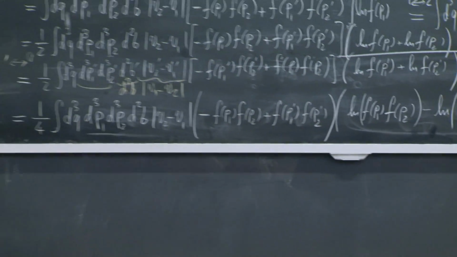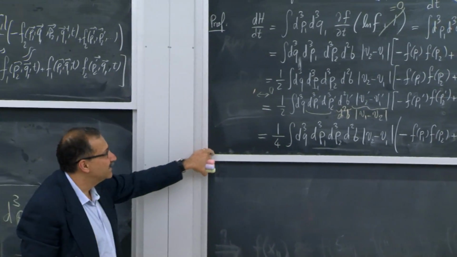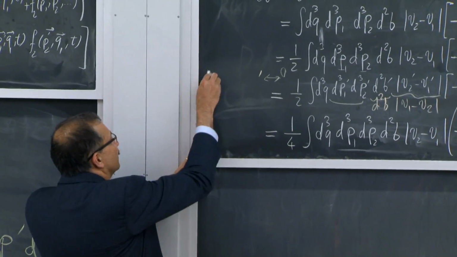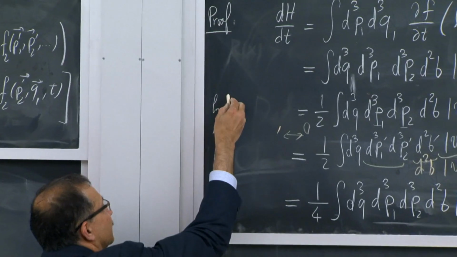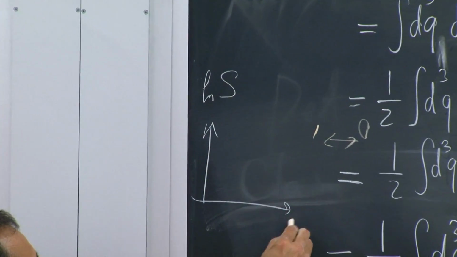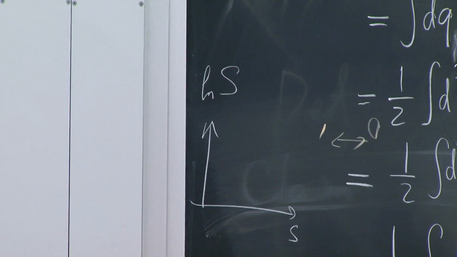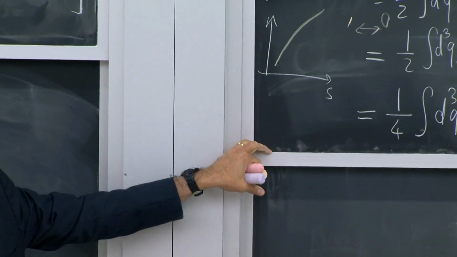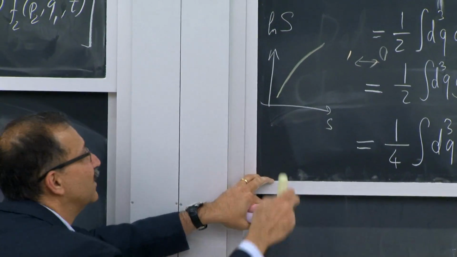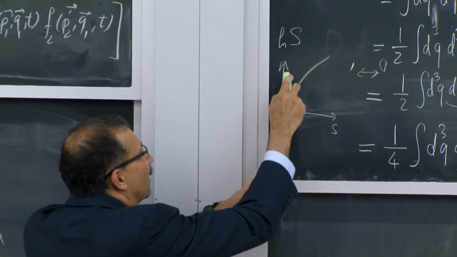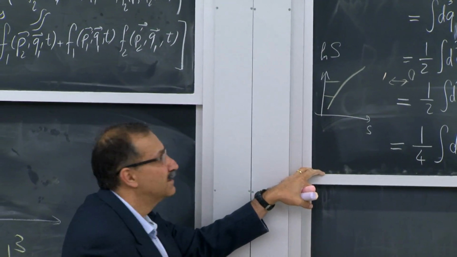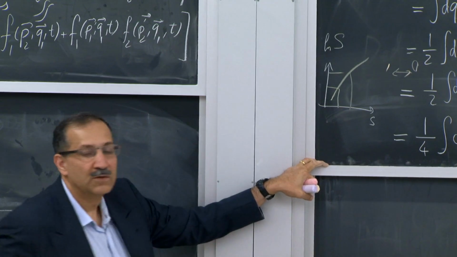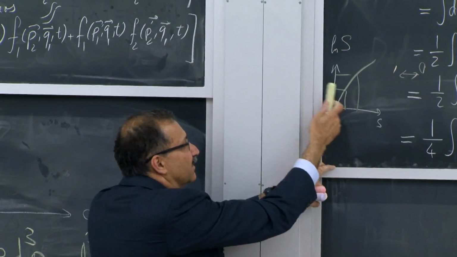And the idea is that if you think about the function log of something as a function of that something, the log is a monotonic function. So if you were to evaluate the log at two different points, the log would grow in the same way as the two points.